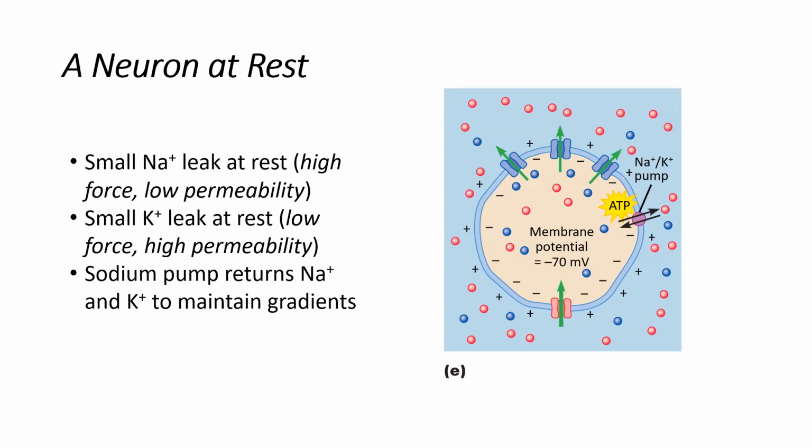Keeping the relative ion concentrations, keeping the inside of the cell negative at rest, keeping the outside of the cell positive at rest, keeping a higher concentration of sodium outside and a higher concentration of potassium inside. So all of this is just being established by this pump leak system, the combination of the sodium potassium pump and the leak channels for our respective ions.